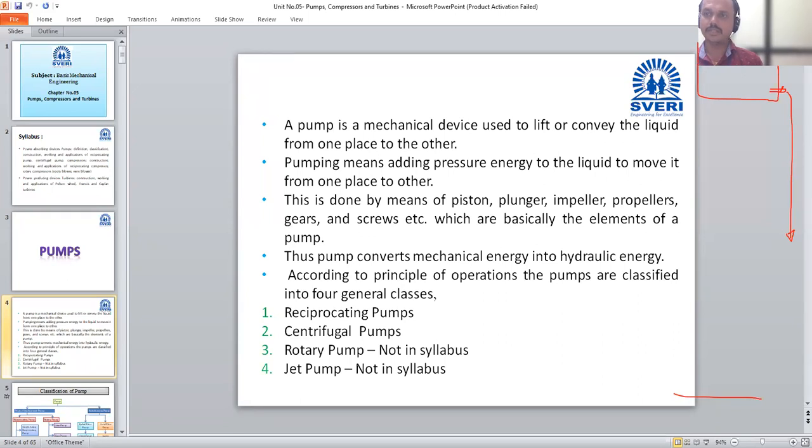It is because of the potential energy which is acquired by that water when I lift it from this point to this point. Potential energy.